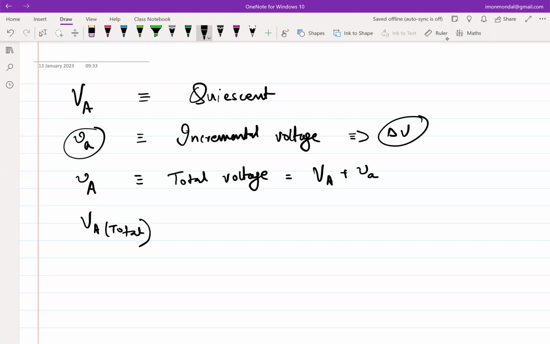By the incremental model we mean we are referring to quantities that are changing with time or changing per se, even if it's not changing with time, maybe I have incremented it and kept it like that. So ensure that whenever you are sketching your incremental model or small signal model, there are no constant voltage or current sources.